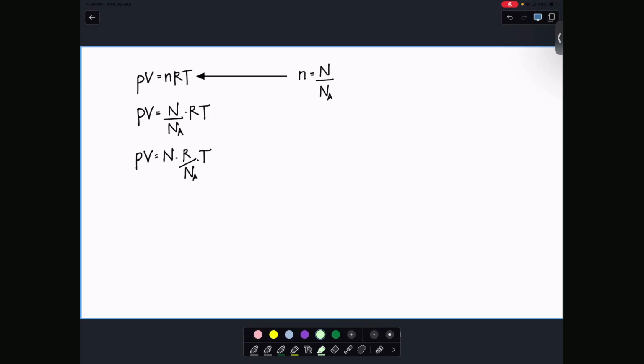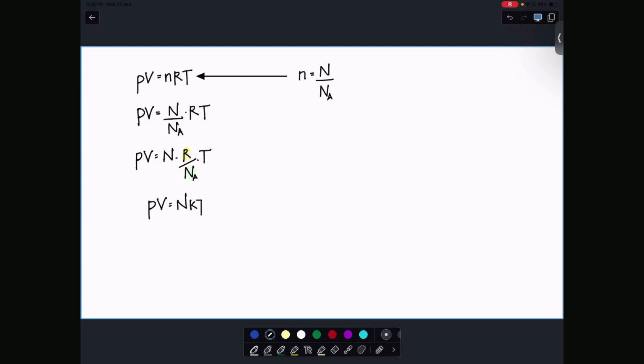Yes, the molar gas constant, 8.31 joule per mole Kelvin. R is a constant and N_A is also a constant. So am I not dividing a constant by a constant? When you do that, what do you expect? A new constant, right? And the new constant is k.